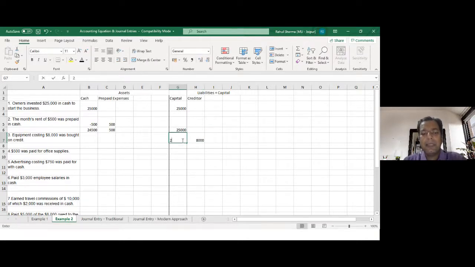My capital remains 25,000 because nothing has moved out of the business. My cash remains 24,500 because cash has not been impacted in this transaction. My prepaid expenses still remain 500, and I have a new head over here, which I write as equipment. How much is that worth? That is worth 8,000.